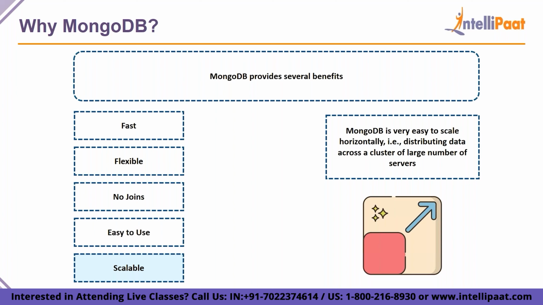So to do that, they create multiple machines and store data of particular users on one machine, and some other collection of users on other machines, and how they group these machines and how they spread data across these machines is a little different to understand. But the main point to understand here is that MongoDB comes with built-in support for these features, so that when you reach a really high limit of users, you can distribute the data, scale it, and use it the way you wish to use.